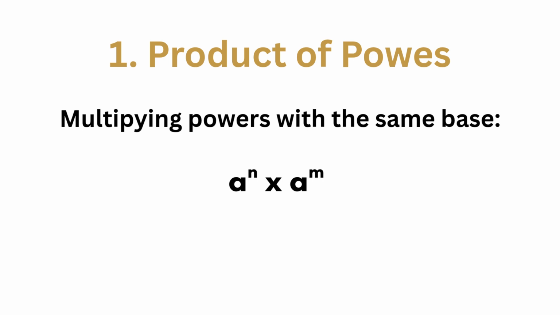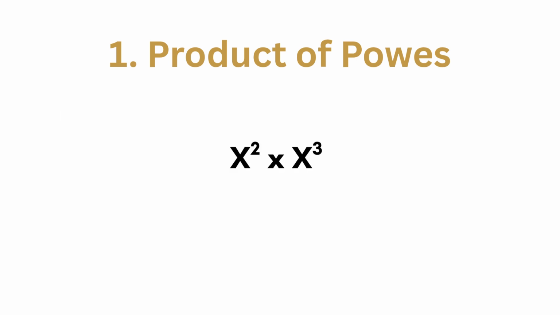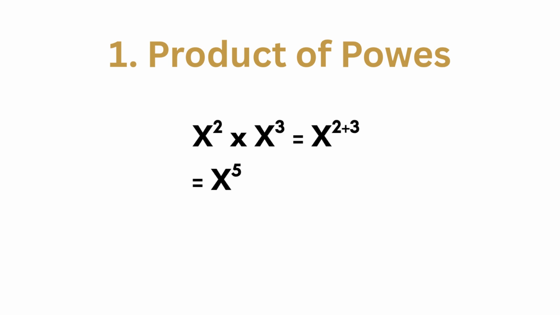When multiplying the same base, we reduce the expression to one base and add the exponents. This is what would happen if we had numerical exponents: x squared times x cubed would give us x to the power 2 plus 3, and the sum of 5 as an exponent.